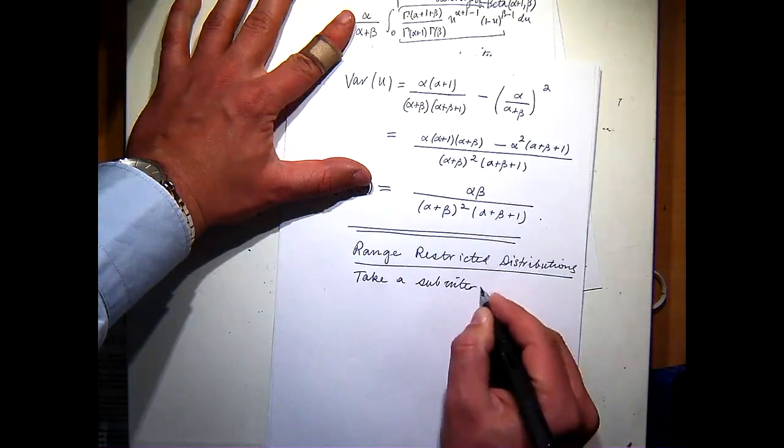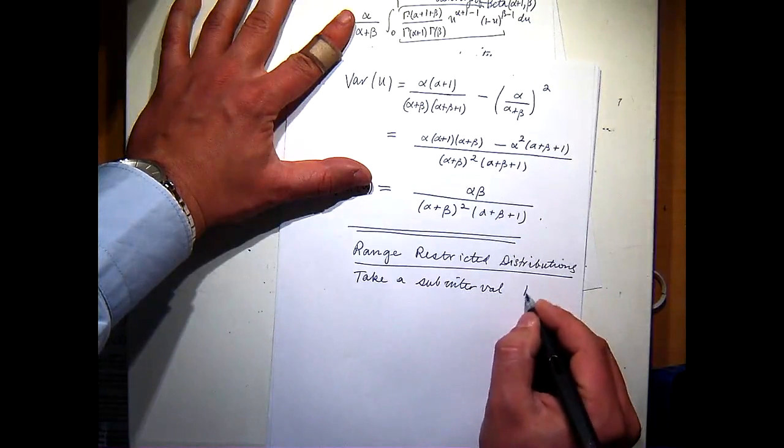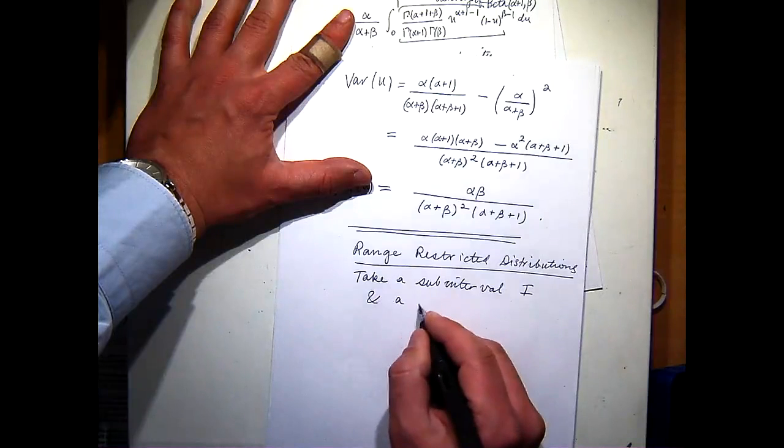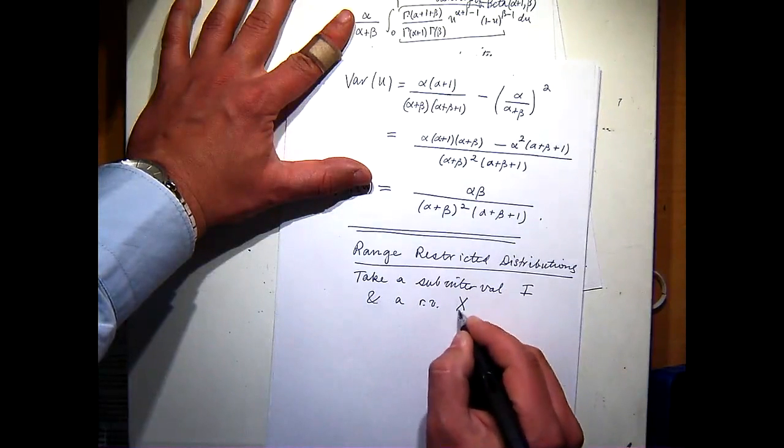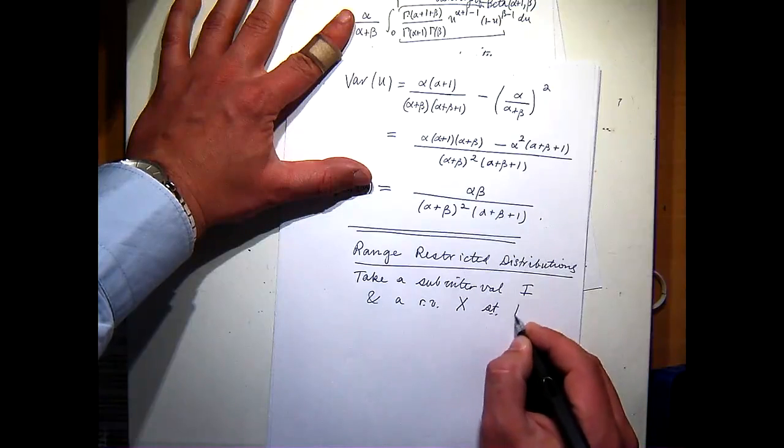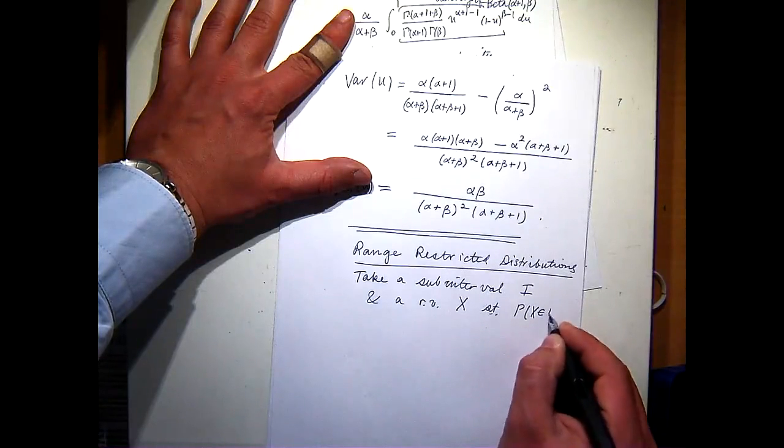Which is just, take a sub-interval I, and a random variable x, such that, of course, you want the probability that x lies in this interval to be positive.